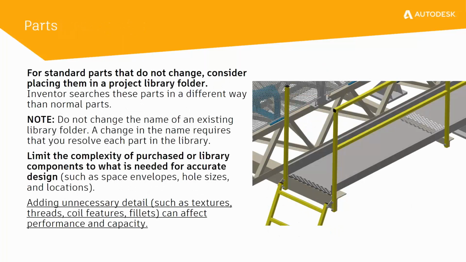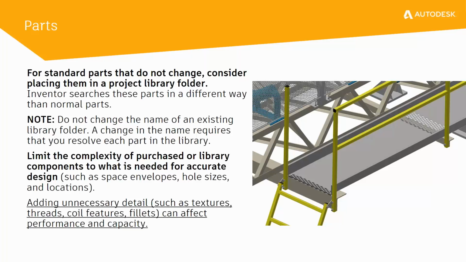Some other things you can do in relation to parts is, for standard parts that don't change, consider placing them in a project library folder. The good thing about this is that Inventor searches these parts in a different way than normal parts, so that can help improve performance on a day-to-day basis.